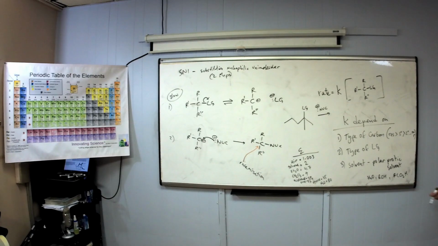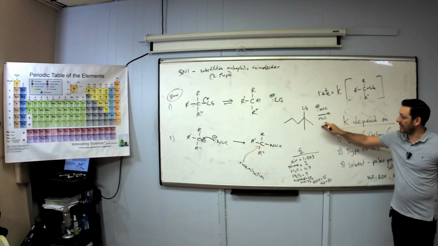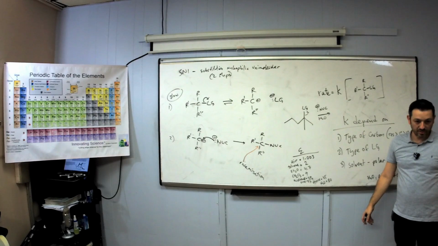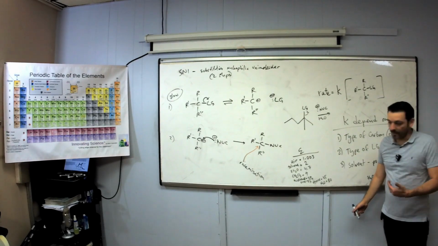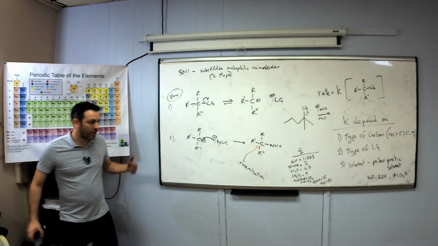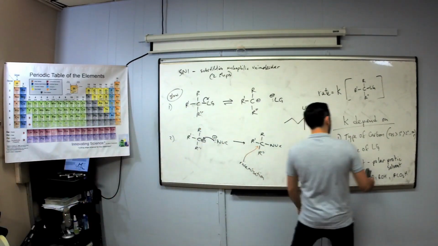Just like ions dissociate in water or in alcohol, I need water or alcohol. I need something like that to help this dissociate before something can attach. Do you see what drives this? The bond breaks because of the solvent. That's what causes the bond to break.